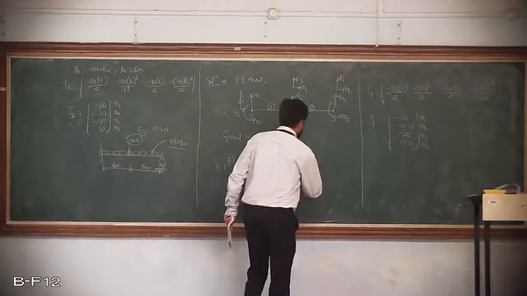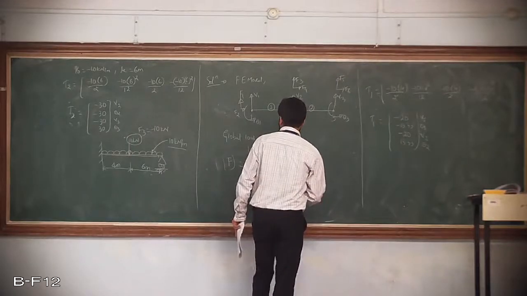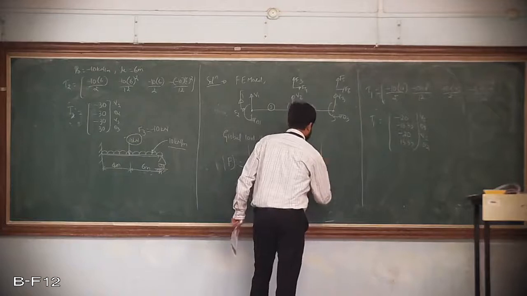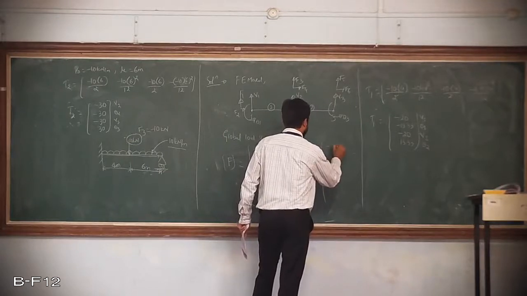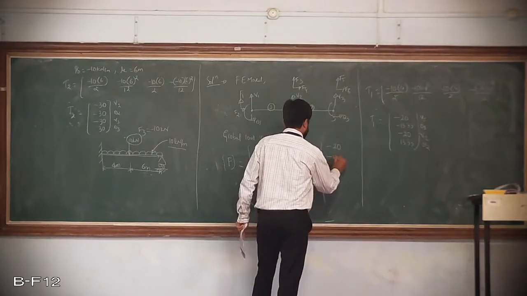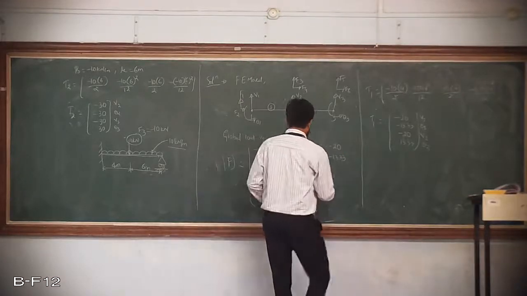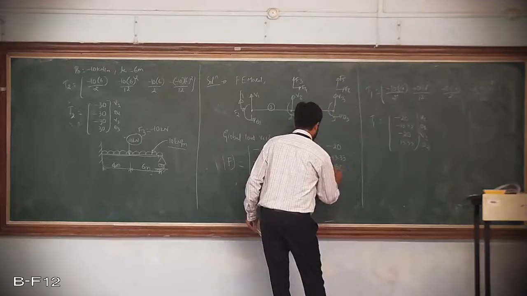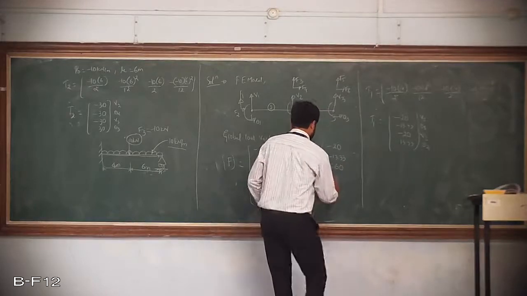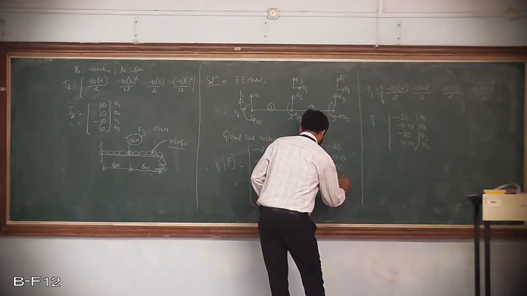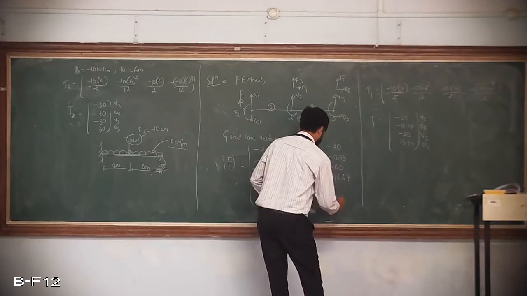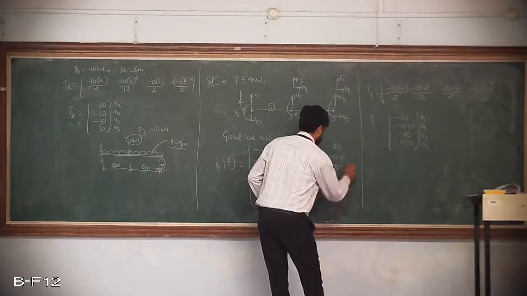So the final solution of this will be minus 20, minus 13.33, next is minus 60, minus 16.67, minus 30 and 30.